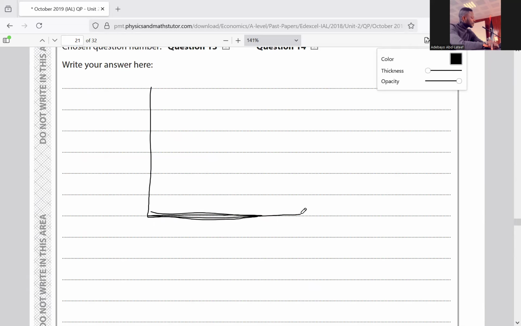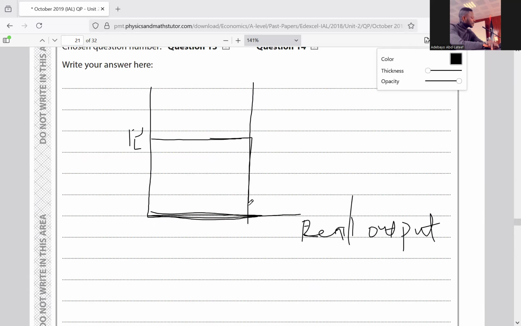So this is the graphical representation of an increase in productivity. We have our real output, and our price level. We have the AD curve.